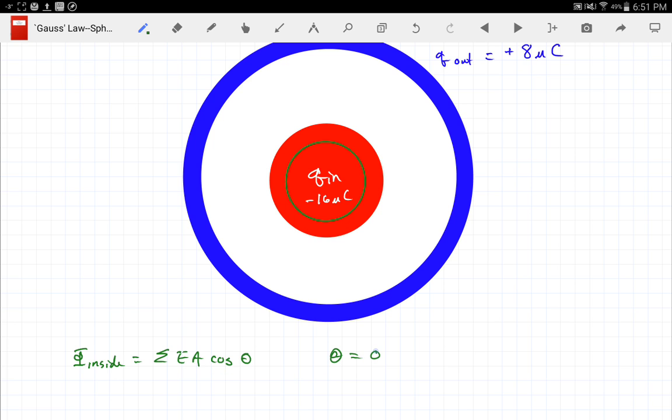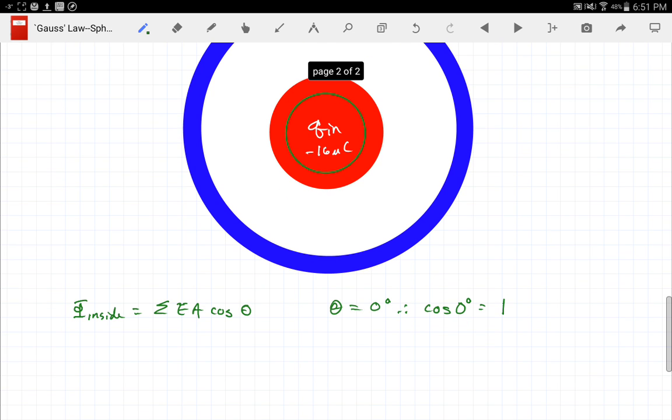So theta equals 0 degrees, therefore cosine of 0 degrees equals 1. And then I just have the sum of the electric field times the area. What's the area for the sphere? The area of a sphere is 4 pi r squared. The electric field, I'll just put E inside. So there's the flux part. Now, of course, that's equal to the charge enclosed over epsilon 0.